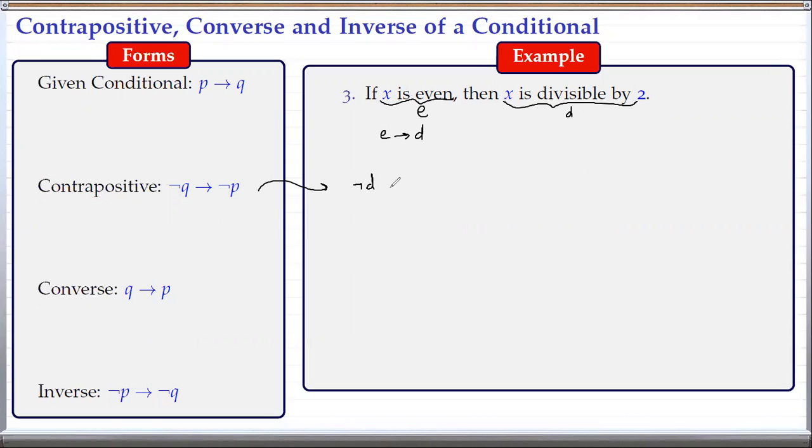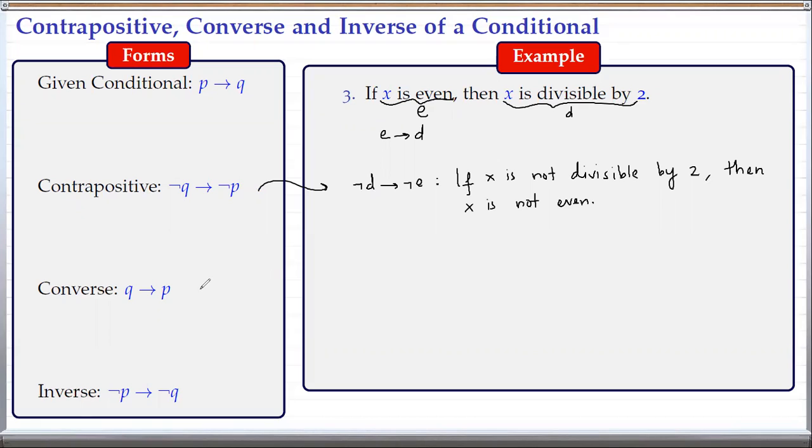So we have not D implies not E, which we can write as: if X is not divisible by 2, then not E, then X is not even.